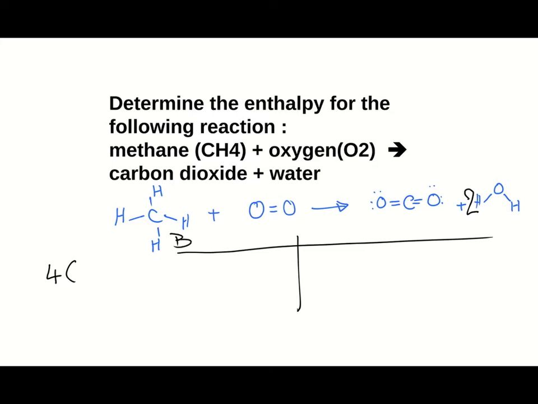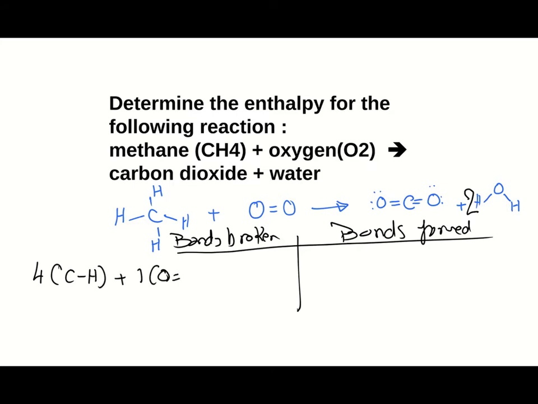So bonds broken, the total of bonds broken energies equals 4 C-H plus 1 O double bond O. We'll find the value.